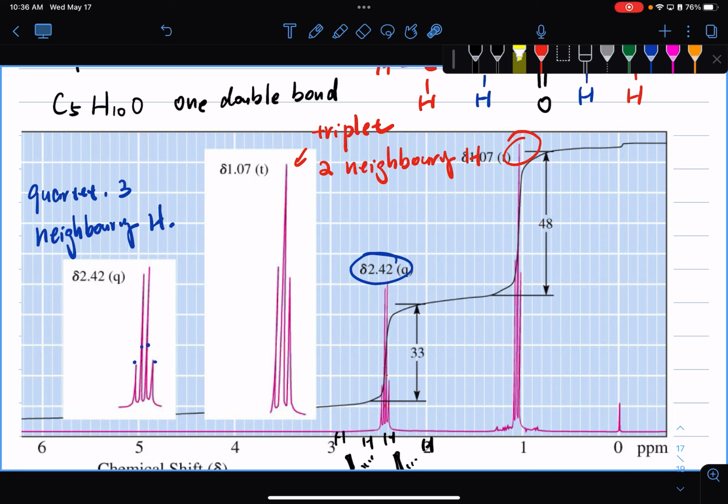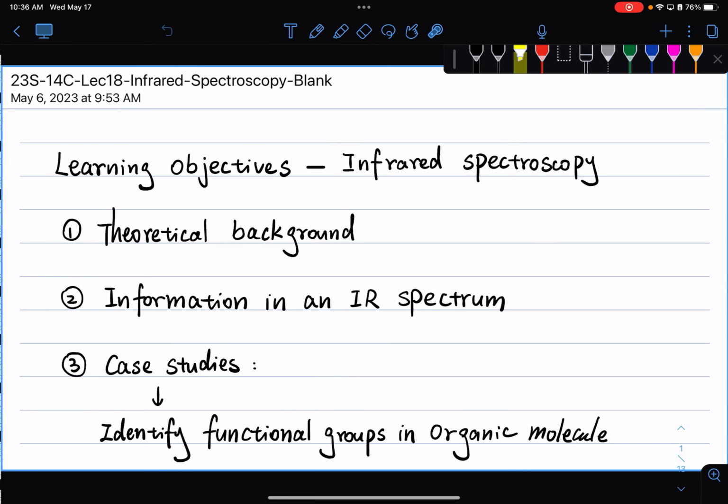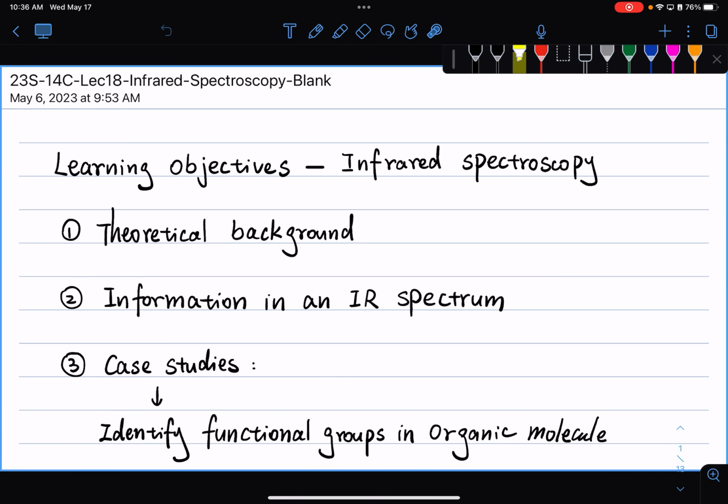Okay, so we'll do that on Friday, but let's get started on IR spectroscopy. All right, so that's the NMR. We went very, very slow on NMR spectroscopy. We started from the theoretical background. We then started talking about what information you can get by looking at NMR spectroscopy. It's one of the most important spectroscopy tools you have.